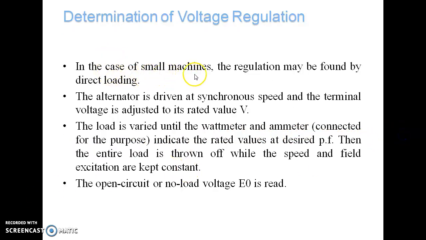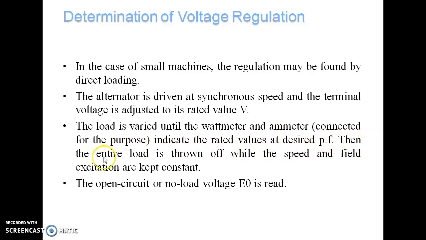In the case of small machines, the regulation may be found by direct loading. The alternator is driven at synchronous speed and the terminal voltage is adjusted to its rated value V. The load is varied until the wattmeter and ammeter indicate the rated value at the desired power factor.